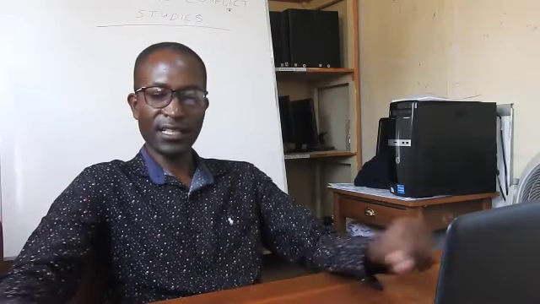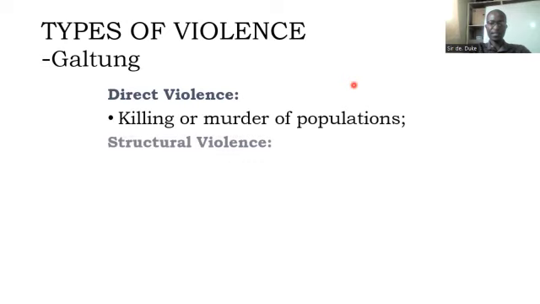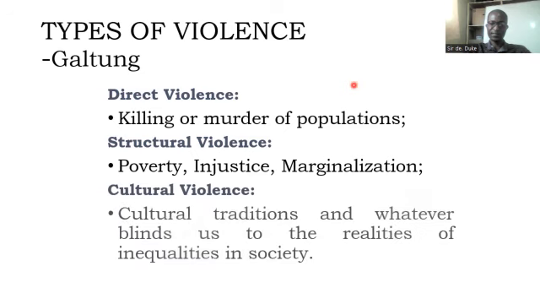Types of violence from Galtung. This is an author. Galtung speaks or writes about these types of violence: direct violence, structural violence, and cultural violence. What are these concepts? What do they mean? Direct violence is the killing or murder of populations.